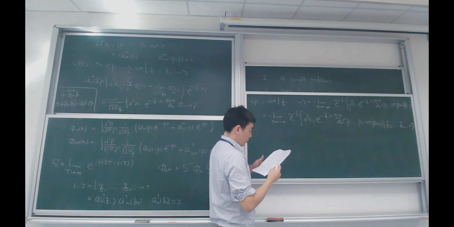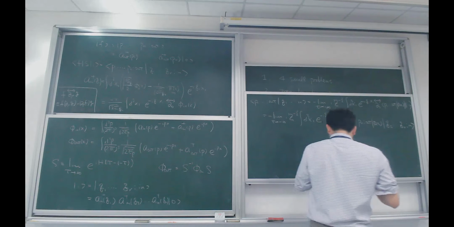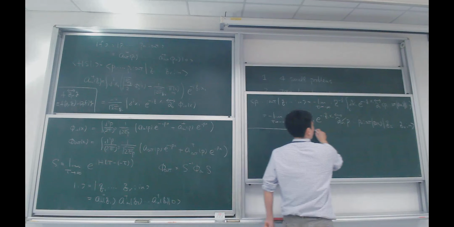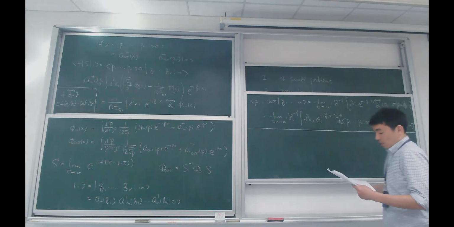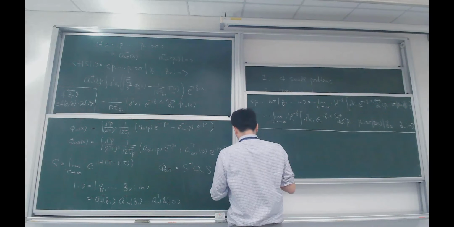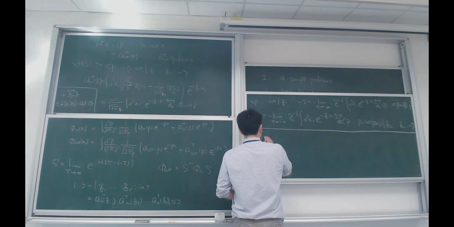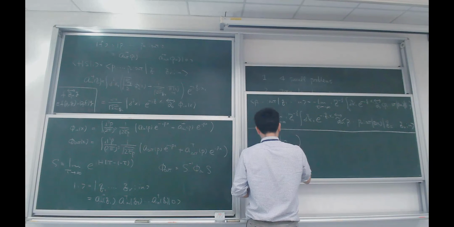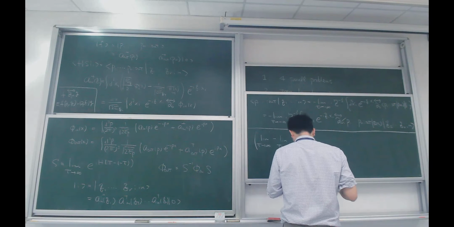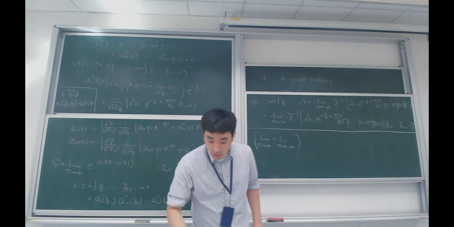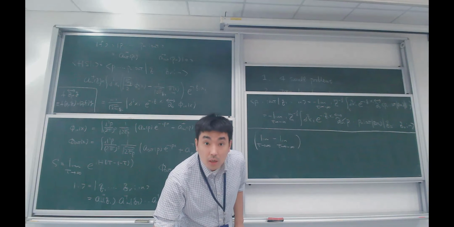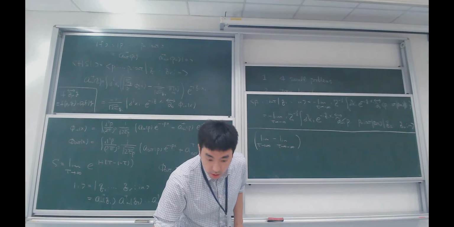so you can do the same trick for Q out. And in fact, one can just use the following trick: the limit t goes to infinity minus limit t goes to minus infinity, hopefully you can see.